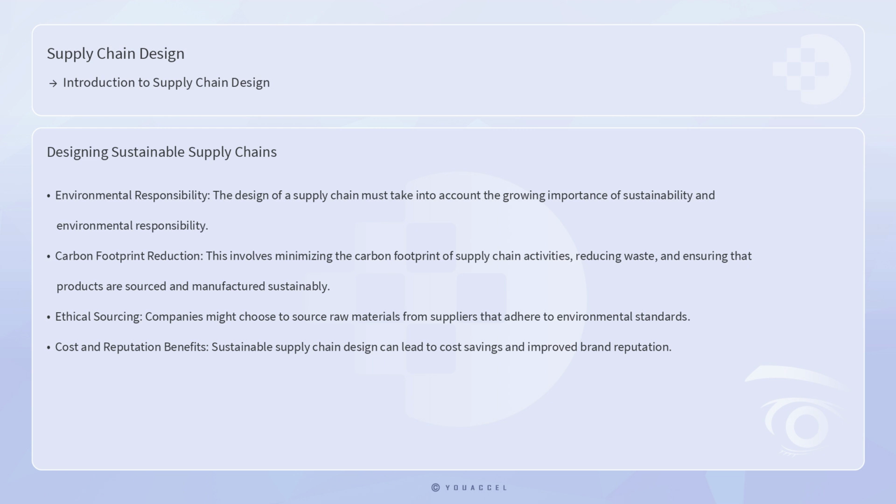For example, companies might choose to source raw materials from suppliers that adhere to environmental standards or invest in energy-efficient technologies to reduce emissions from transportation and production processes. Sustainable supply chain design not only addresses ethical concerns, but can also lead to cost savings and improved brand reputation.